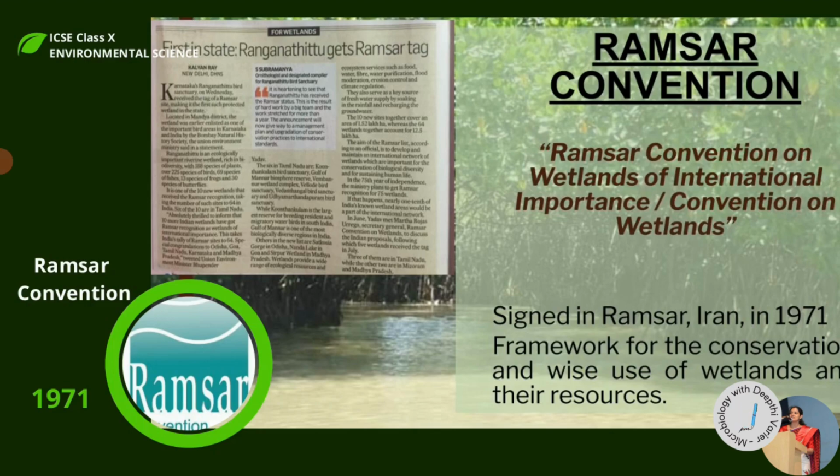In India, we have 75 Ramsar sites, that is, wetlands of international importance. This article tells us about the first Ramsar site of the state of Karnataka, the Ranganthittu bird sanctuary. That area is now considered a Ramsar site, which is a big deal, because it means it's a really important region and you need to make sure you are conserving it.